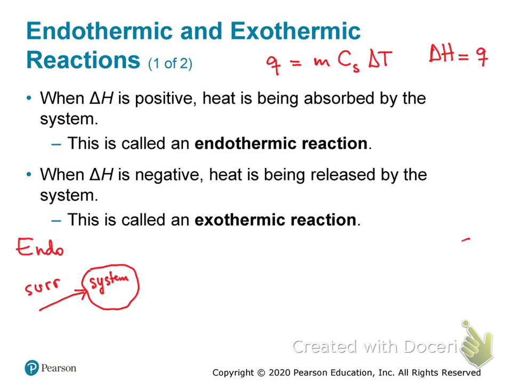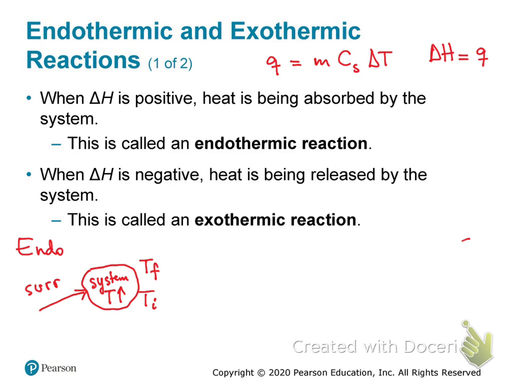So the system acquires energy from the surroundings. The temperature of the system goes up because the system is receiving energy. So that means that initially the temperature is low, and after some time the final temperature is higher.